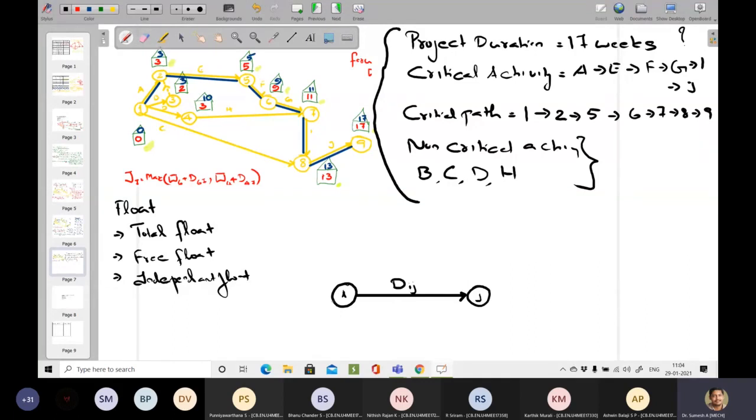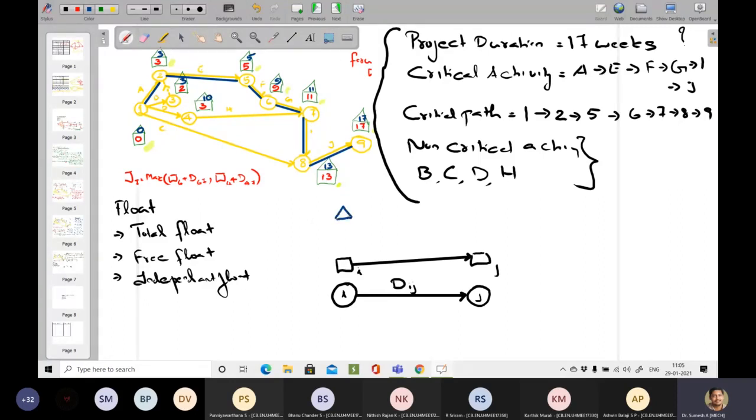Now, for every activity you will have a rectangle value in the forward pass, rectangle I to rectangle J. And in the same way, for every I and J, you will have a triangle value also available.